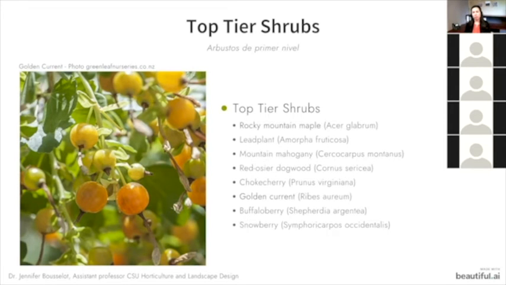But if a rain garden is on a smaller scale and not part of your MS4 permit, then it can be more of a bowl shape. This is what we're talking about with top tier, which needs the least amount of water, mid tier, which is that middle level, and then the bottom tier plants, which is the very bottom of your rain garden, which would be largely grasses and plants that can handle either an inundation of water or no water.